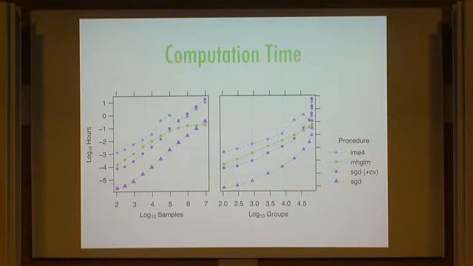Okay, so just to demonstrate this, I took the MovieLens 10 million data set and I fit hierarchical models to subsets of the data set of varying sizes. So I looked at 100 ratings, 1,000 ratings, 10,000 ratings, 100,000, and so on, all the way up to 10 million ratings. And then for 3 different algorithms, I'm showing you how long it takes to fit a hierarchical model.